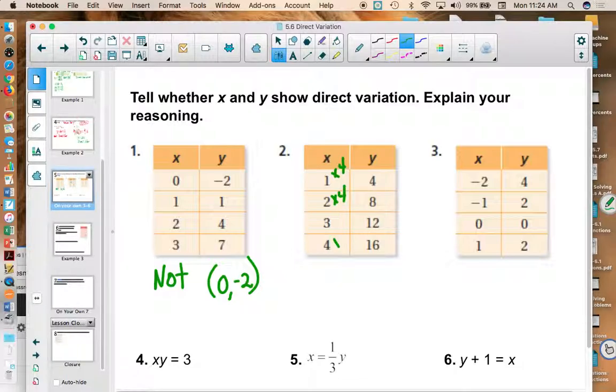Is 4 times 4 going to give me 16? Yeah. Can I write the equation? What's my equation on this one? Very good. Y equals 4x. So is that direct variation? Yes. Sure is. This is a yes. DV, direct variation.